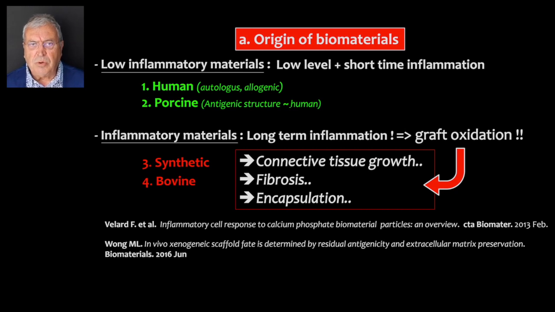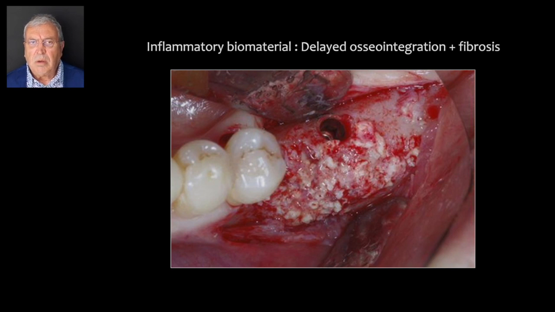The connective tissue growth is not coming from the flap. The connective tissue growth is built by the fibroblasts in the inflammatory bone graft. Then, using an inflammatory biomaterial, you will meet a delayed osseointegration and maybe fibrosis.